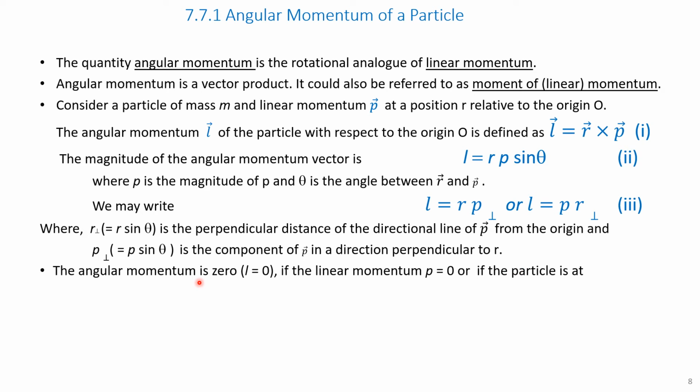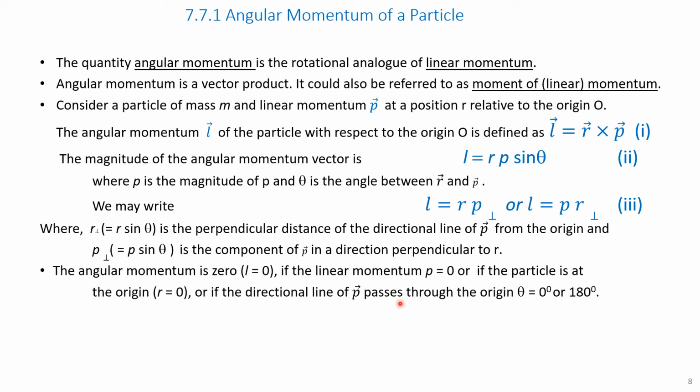The angular momentum is 0, that is L = 0, if the linear momentum p equals 0, or if the particle is at the origin, r = 0, or if the directional line of p passes through the origin, θ = 0 degrees or 180 degrees.